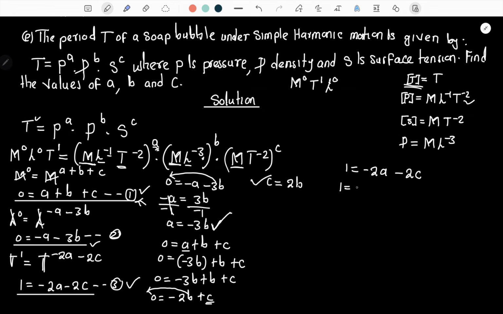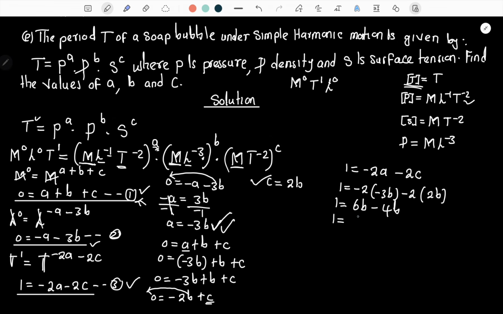So let's replace. So it's going to be minus. Where there is A, I'm going to replace minus 3B. Where there is C, I'm going to replace with 2B. Then this is going to be 1 is equal to positive 6B minus 4B.